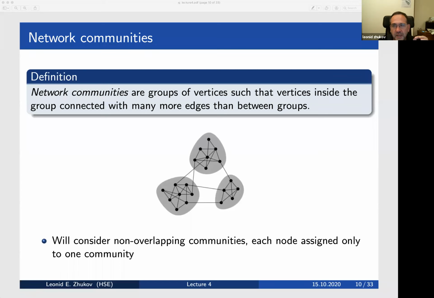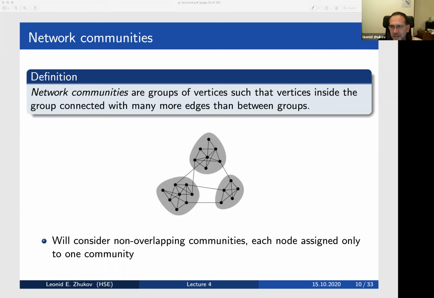Now, we're going to be looking at what's called non-overlapping community, where each node can be assigned to only one community. So if we're looking for, say, Democrats versus Republicans, well, you cannot belong to both of them. You're either Democrat or Republican or independent, right?